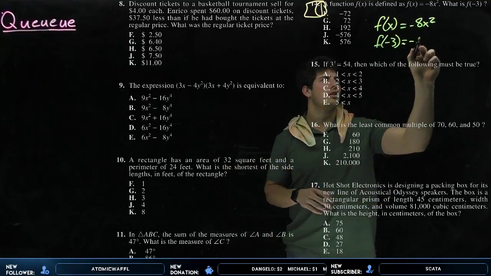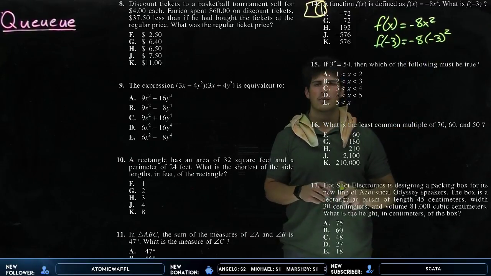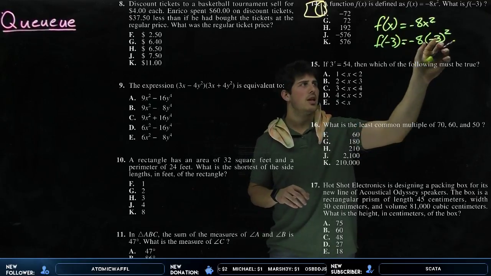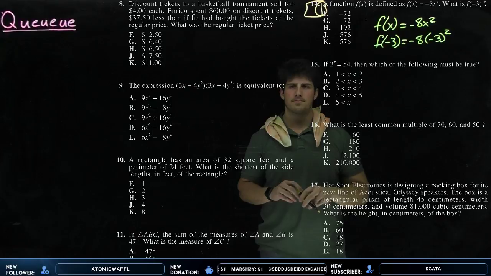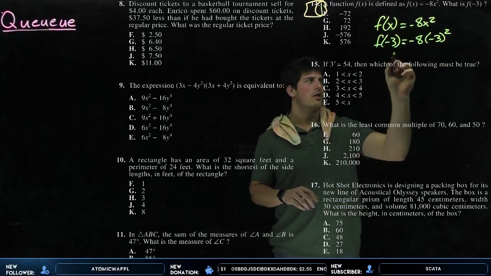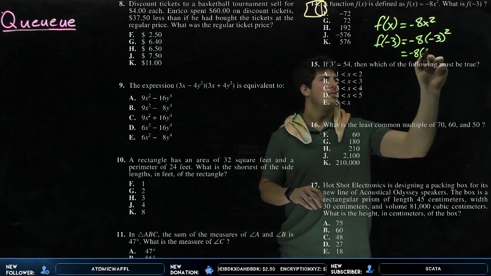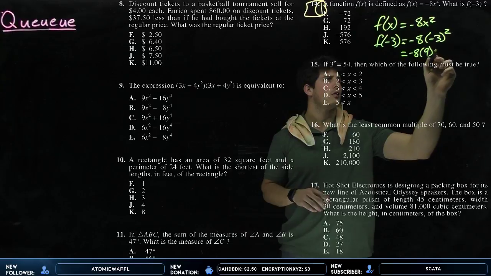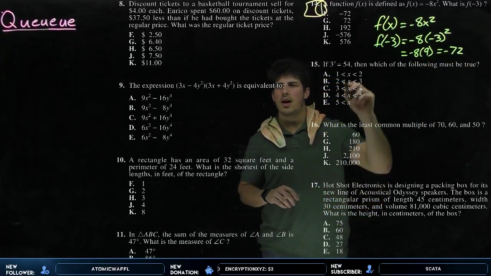I'm going to say negative 8 times negative 3 squared. All right, now this is important because I'm keeping the negative 3 inside the parentheses here, because negative 3 is what's being squared. That's going to end up giving us a positive number when I square it. This is going to end up with negative 8 times 9, or negative 72. And that is A, right up here.